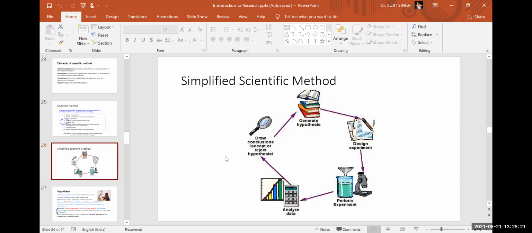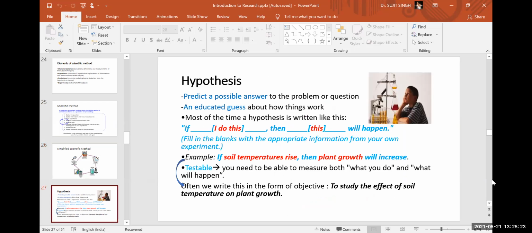To make it clearer, what is a hypothesis? When you are going to predict or say something about the possible answer to a problem or question, and you don't know the answer exactly, you are going to make a guess.